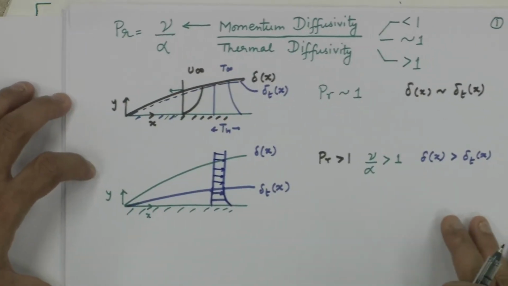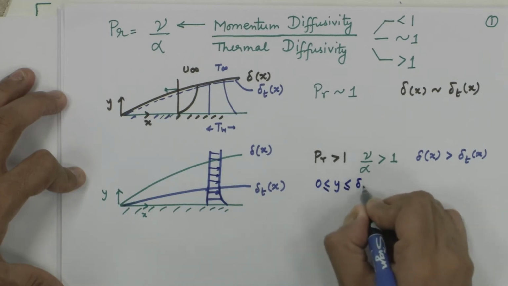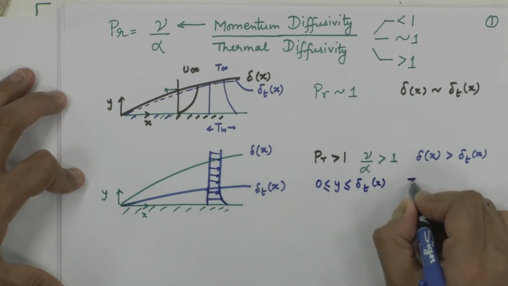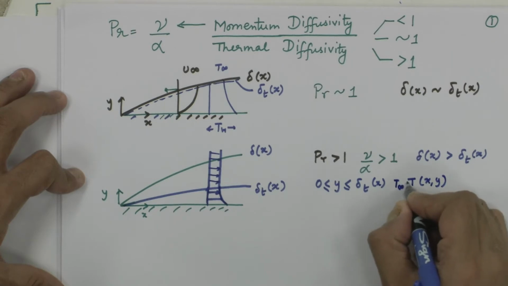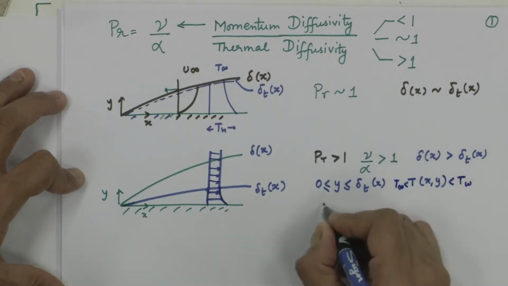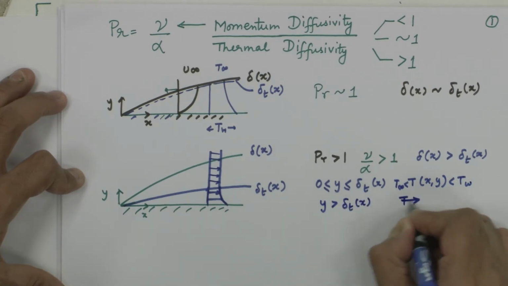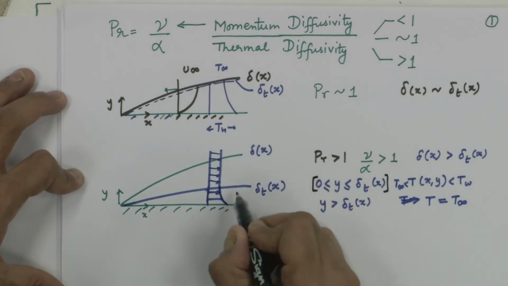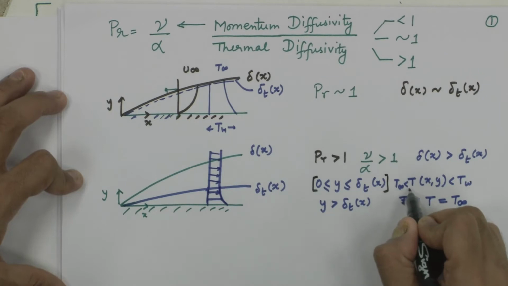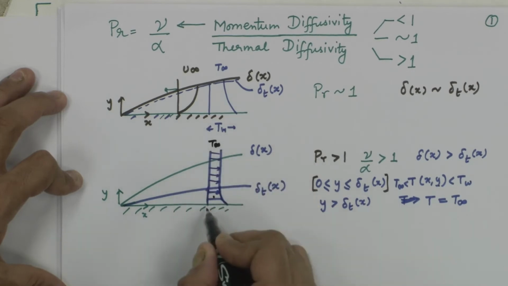So, for 0 less than or equal to y less than or equal to delta t of x, T of x comma y is between T infinity and T wall. For y greater than delta t of x, T is equal to T infinity. Is that clear? For this portion, T local is between T infinity and T wall.